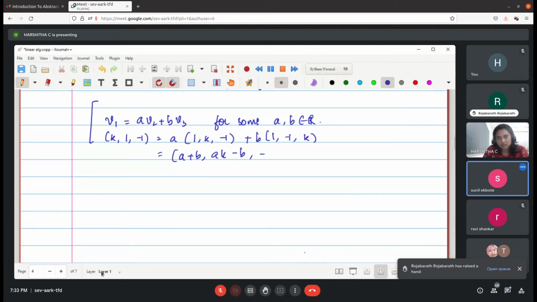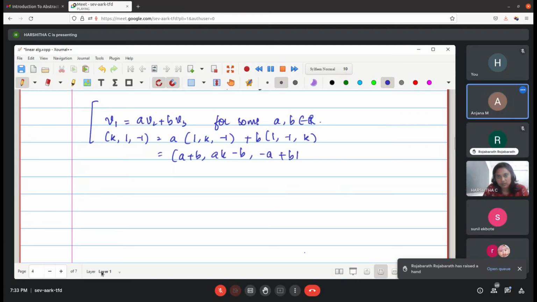Right? Okay. So a plus b is equal to k. A minus b equal to 1, minus a plus bk equal to minus 1.